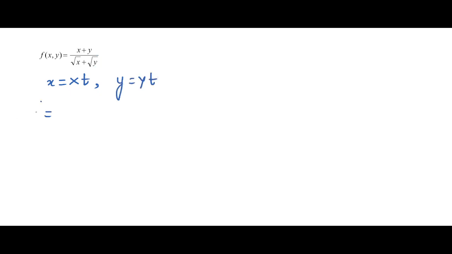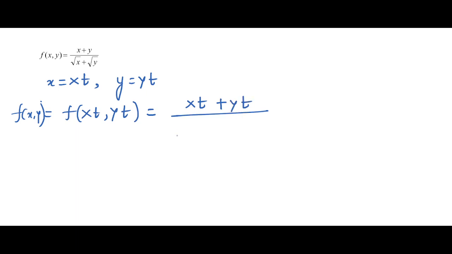So the given function becomes f of x comma y, which is f of xt comma yt, is equal to, now wherever x is there we are substituting xt, and in place of y, yt, under root xt plus under root yt.